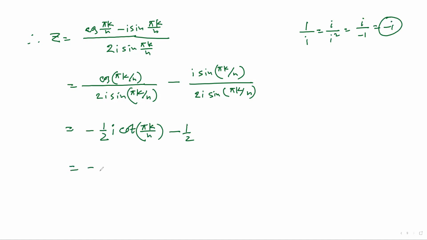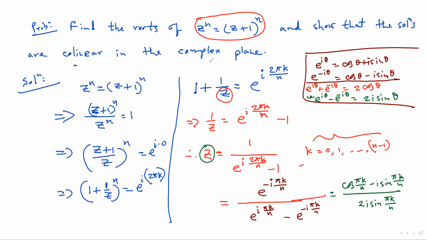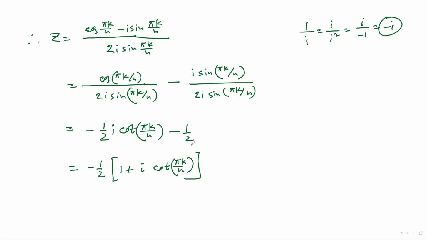So you can just take minus half as common to write 1 plus I times cot pi k by n. We did this only because to prove this collinear part, we were pretty clueless while we had this expression, but now you can think of some clue here.